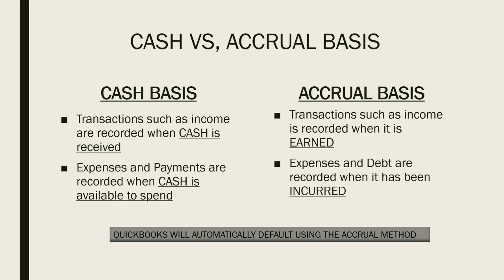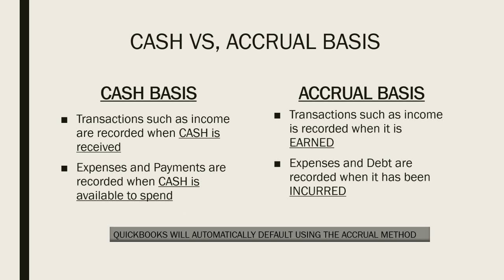And they will only spend the money if they have the cash readily available in their hands to spend. Okay? So that's cash basis, where you only record income when cash is received. So if you sold something, cash is in your hands. If you spent something, cash leaves your hands. Okay? And then that's cash basis.